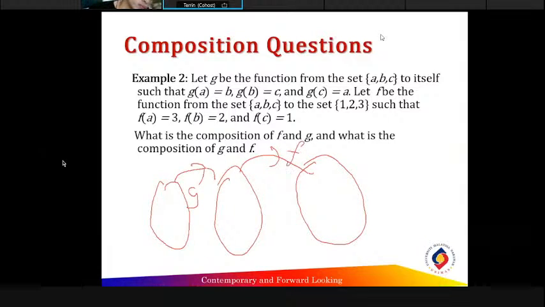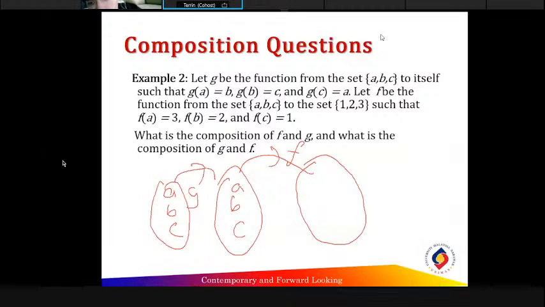So then we have f compose g. So what is g? g: A, B, C. We know it's onto itself, isn't it? So it's A again, B, and C.